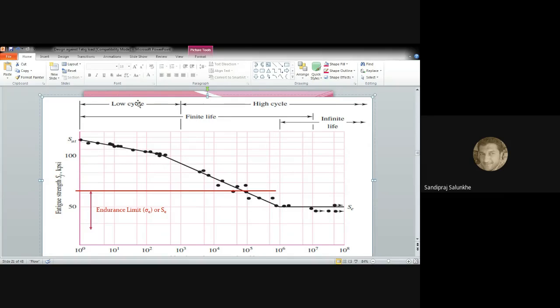Whereas if that component at that stress level passes over 10 raised to 3 number of cycles, and it may be up to 10 raised to infinite number of cycles, then it is called high cycle life. Low and high cycles will be differentiated by the stress.